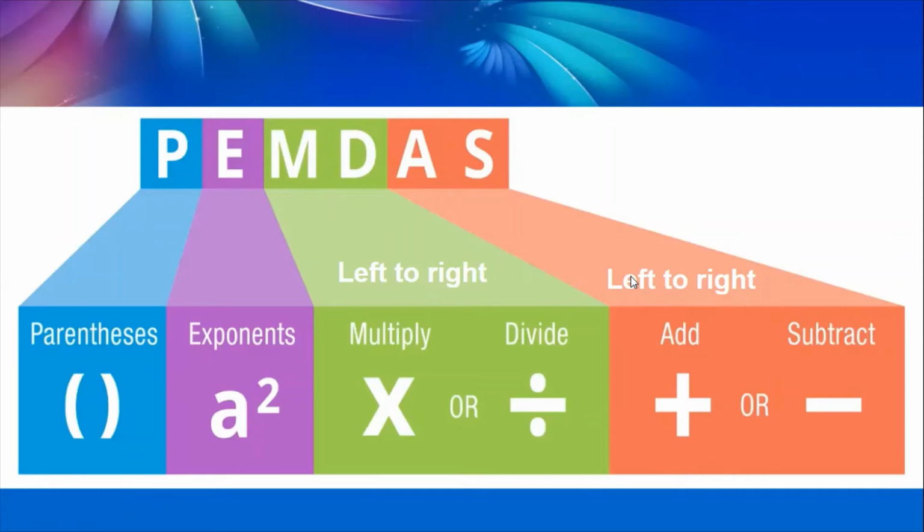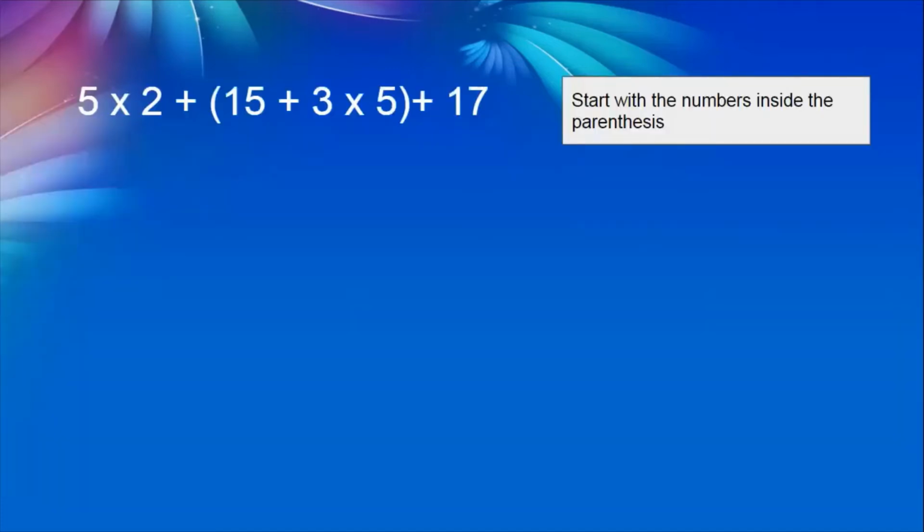So if we have an equation wherein we have multiple operations, just remember this rule, and that is PEMDAS. P for parentheses, E for exponent, M for multiply and divide, A and S for add and subtract. Remember the acronym PEMDAS.